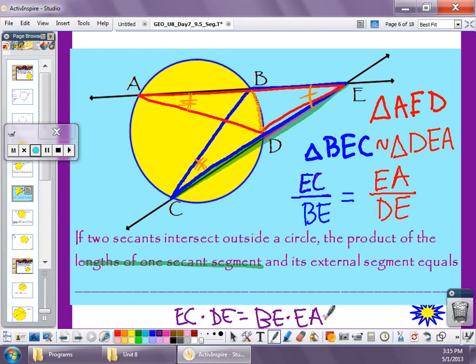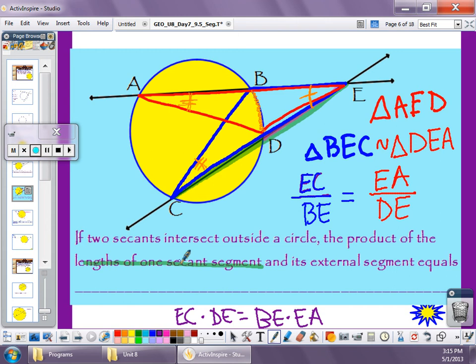EC is the secant segment, and DE is the external secant segment. BE is the external secant segment, and EA is the secant segment.